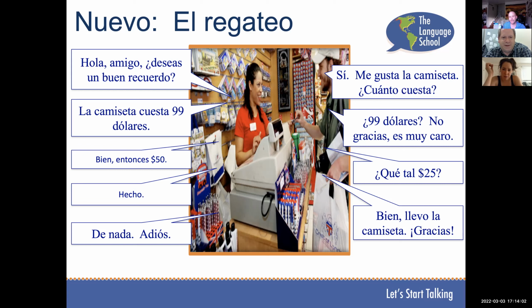Hecho, yeah, the H is silent. What does hecho mean? Hecho means done. Like it's a done deal, yeah. Okay. Bien, llevo la camiseta, gracias. De nada, adiós. Okay, muy bien.